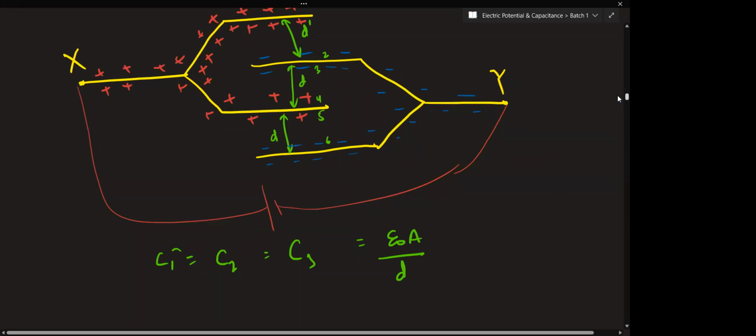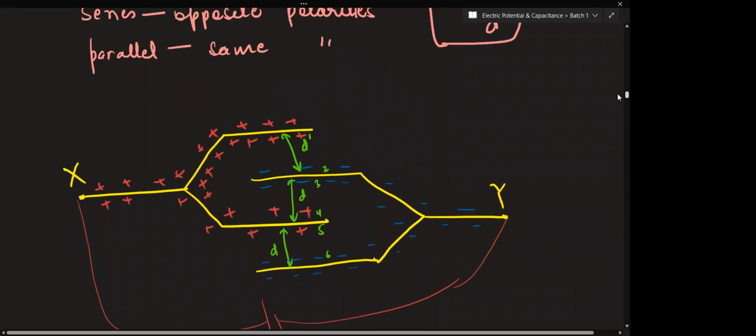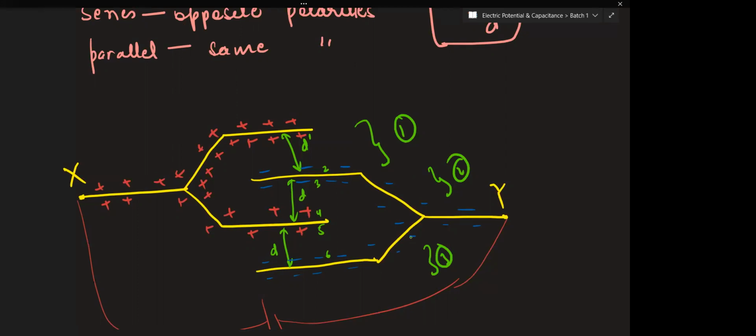If we talk about these plates, this is your first plate, this is your second plate, and this is your third plate. So it is easy to identify whether they are connected in series or parallel.